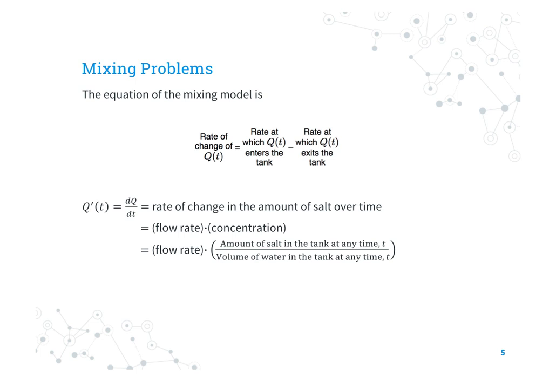The way we're going to find it is we're going to take our flow rate times the concentration. And if the concentration is not given, we'll take flow rate times the concentration, which we'll find as the amount of salt in the tank at any time t, divided by the volume of water in the tank at any time t. What you're going to find is that when we have the given tank and what's in it, it will often be given to us as the amount of salt and the volume of water and not as a concentration.